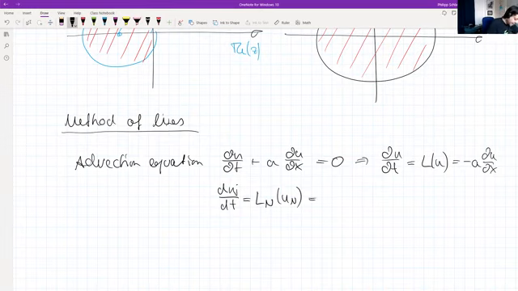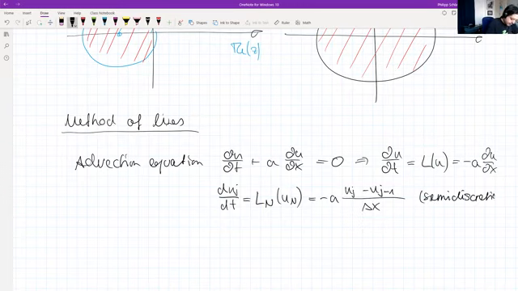If I write it out, it's minus a times 1 divided by delta x of uj minus uj minus 1. And this is, of course, for the backward space scheme. So that's a semi-discretization for backward space. Okay, so far, so good.